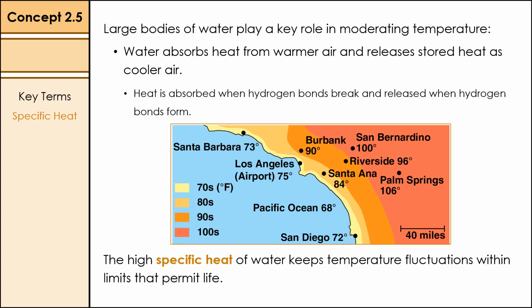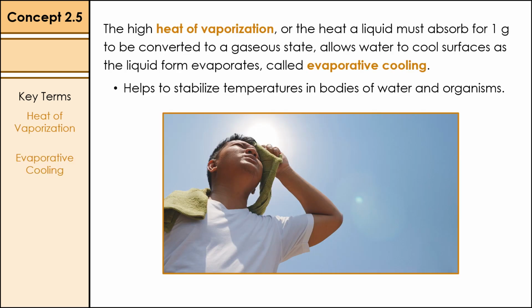So what happens is that as we absorb the heat, we can release the heat as cooler air and increase that cooling effect, which is similar to the evaporative cooling that we see in our own bodies. So this comes back to what we call a high heat of vaporization.